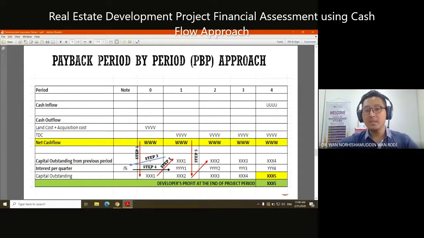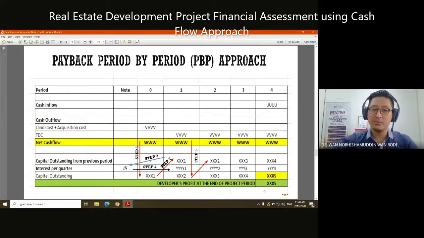So the final amount of capital outstanding at the end of the project period constitutes the developer's profit at the end of the project period. So let's say you generate an amount of 20 million. So 20 million is considered as the surplus or profit that can be obtained if we proceed with this type of development.